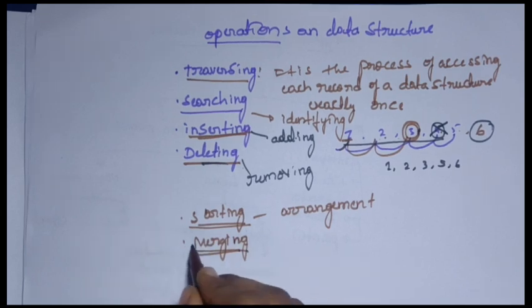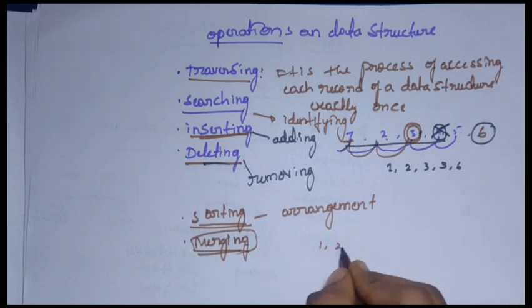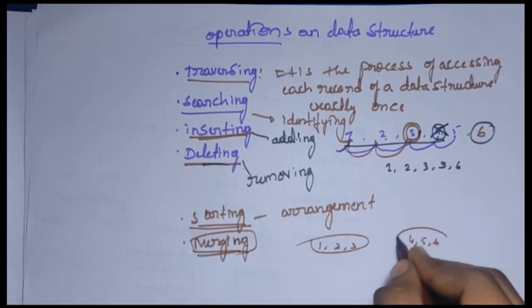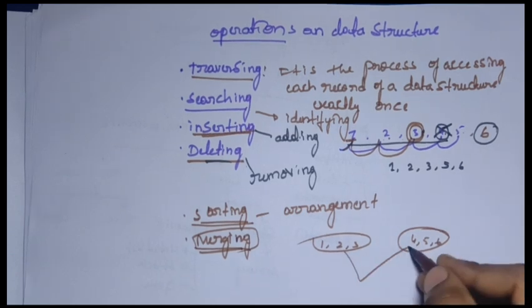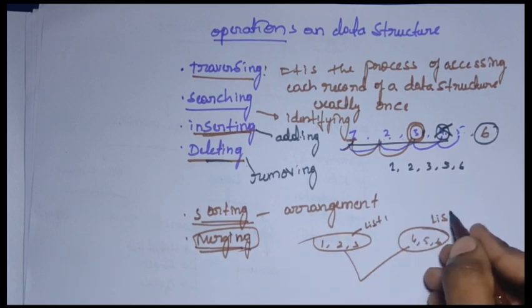Merging is nothing but combining records stored in different data structures. Suppose I consider 1, 2, 3 as one data structure and 4, 5, 6 as another data structure. I have to combine them to make a single list. So this is list 1 and this is list 2.